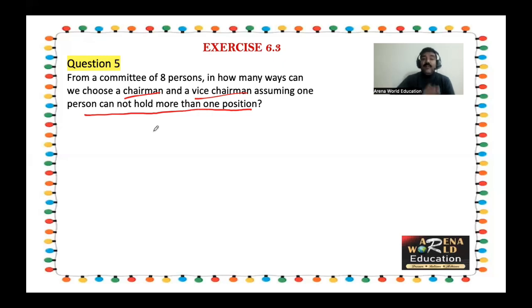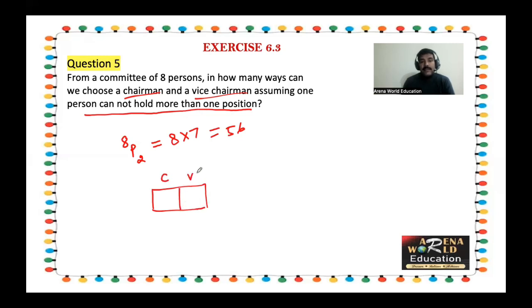One person cannot be both chairman and vice chairman. So simply this is 8P2, which is 8 into 7, 56, right?